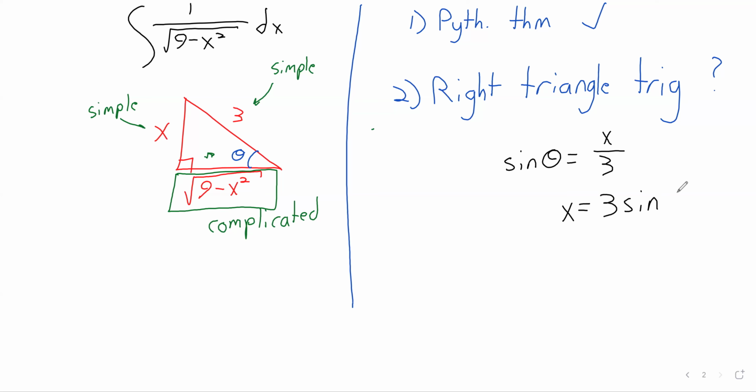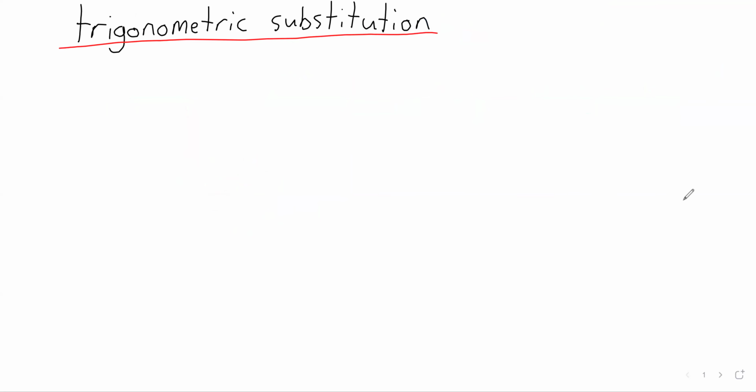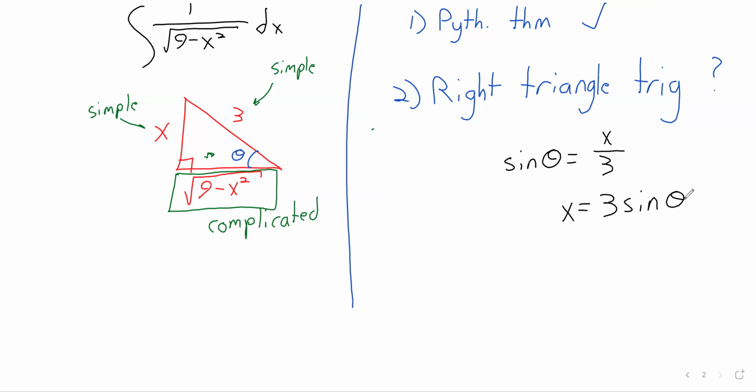x is 3 times the sine of theta, and now you see the word substitution in the name. Well, we've solved for x in terms of theta, and we can take this x and plug it back in.